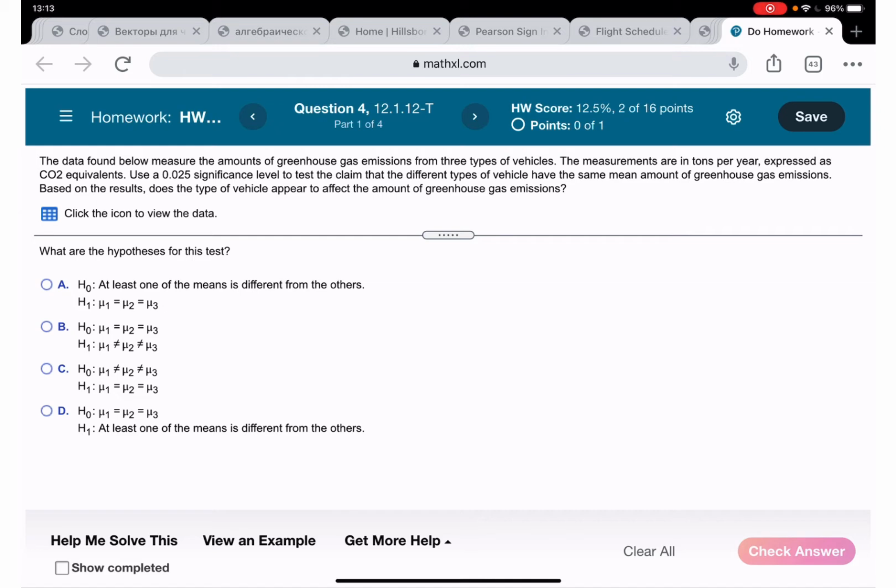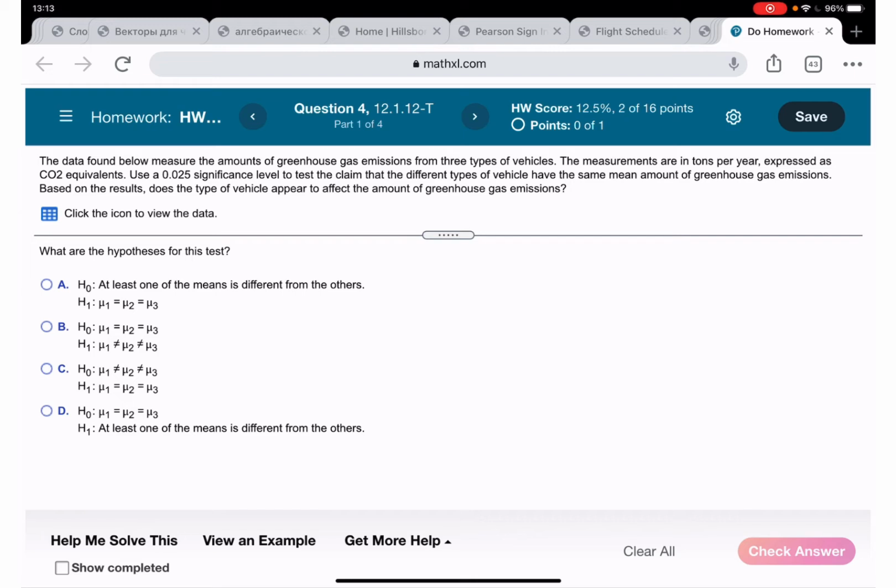Equal, not equal, or at least one of means is different from others. So here is the problem. The data found below measure the amount of greenhouse gas emission from 3 types of vehicle, okay? The measurements are in tons per year, expressed as CO2 equivalent.